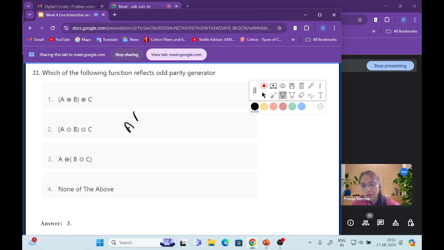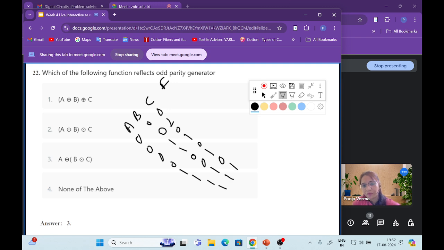The inputs are A, B and C. The output is F, right? Then make all the combinations: 000, 001, 010, 011, 100, 101, 110, and 111. Now it is an odd parity generator.